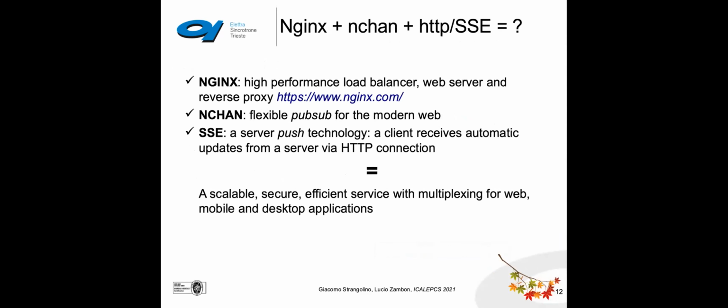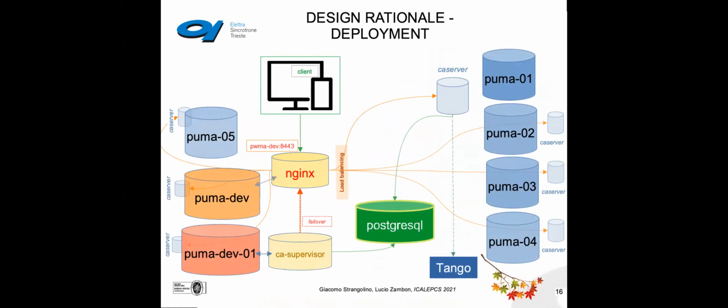Scalability and load balancing are achieved by use of the prototype architecture depicted in this slide. Nginx and Redis add additional scalability to the whole system.